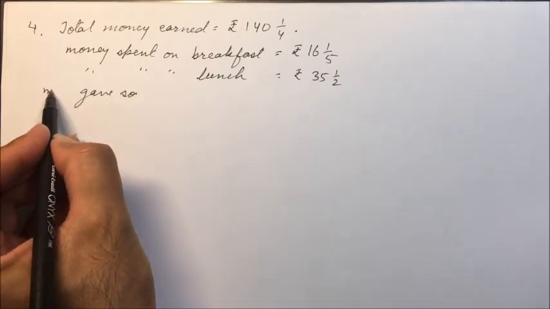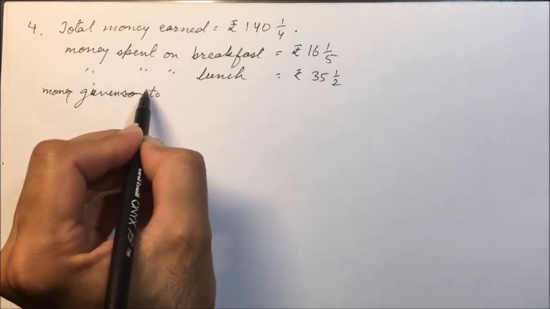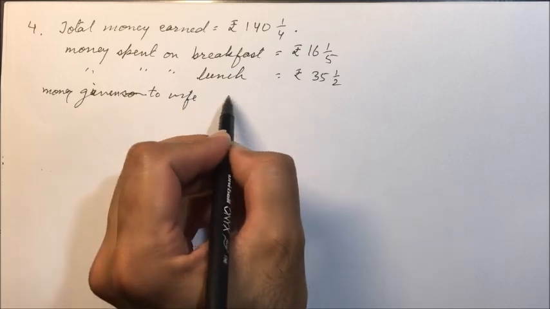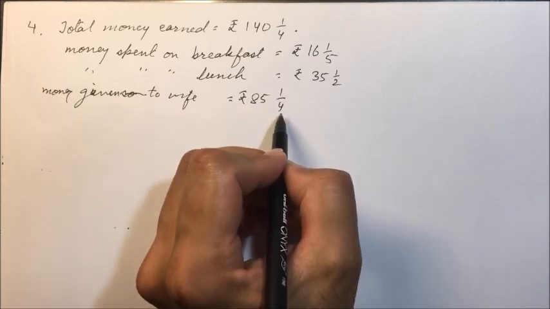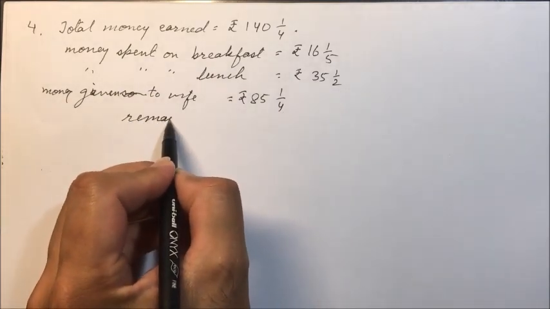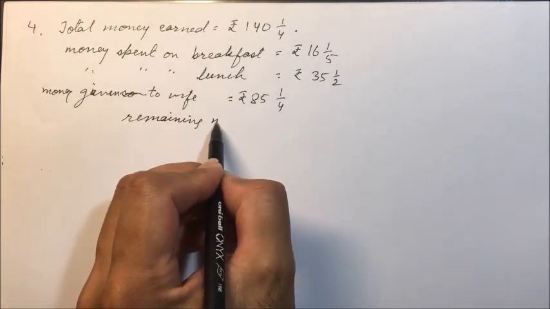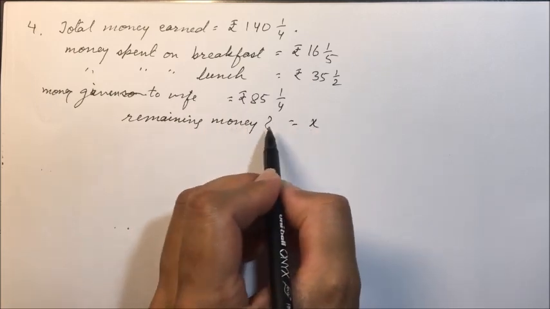And the remaining money, and gave some money to wife. So money given to wife. How much given? 85 1 upon 4. Rupees 85 1 upon 4. Now we have to find the remaining money. Let the remaining money be x.